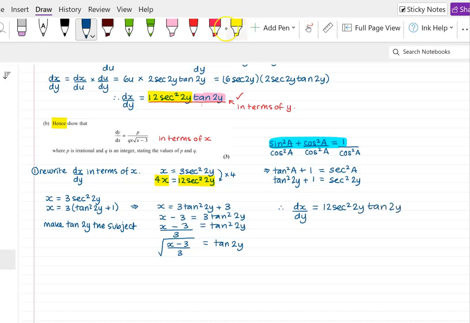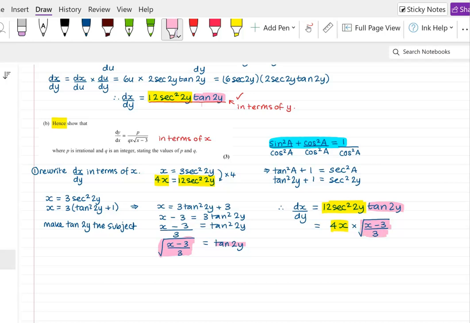Okay, so I know that 12 sec squared 2y is 4x, so that is equal to 4x. And I also know that tan 2y is equal to the square root of x minus 3 over 3. So I'm going to make that substitution there, and I'm going to show you where that substitution came from, just in case you're confused about that. So 4x is being multiplied by the square root of x minus 3 over 3 there.